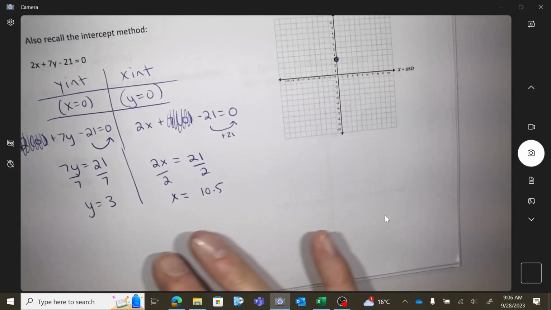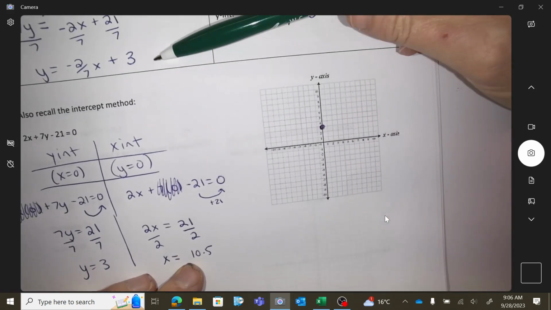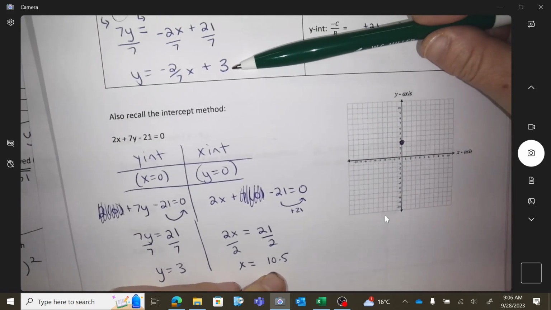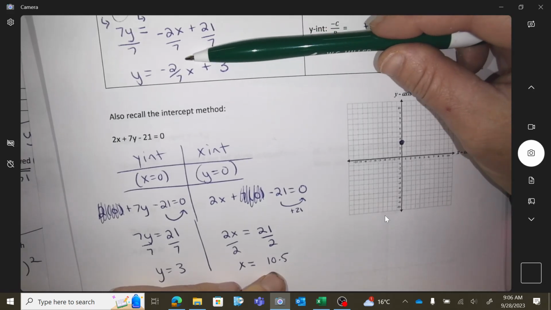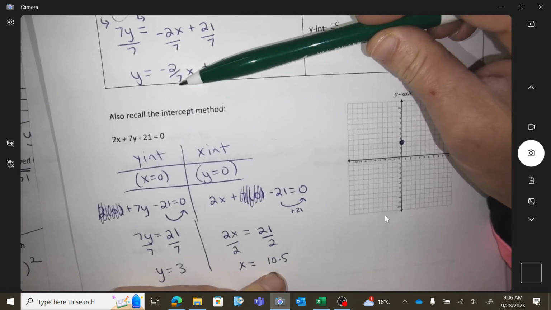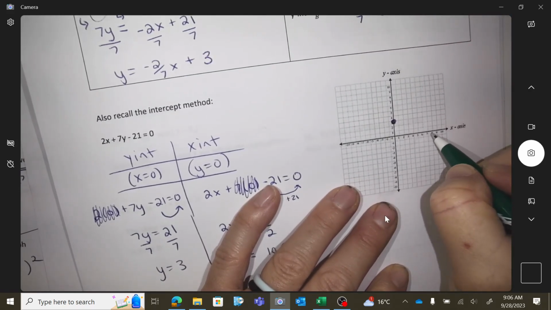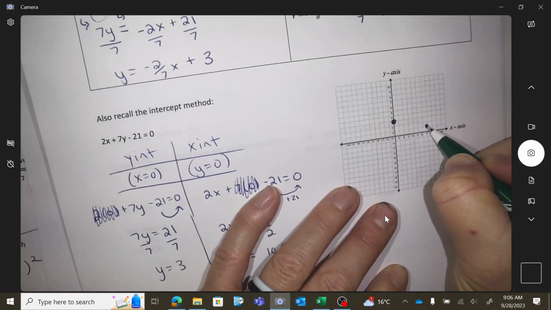Okay, so let's see if all this information connects. You ready? So the first thing I'm going to do: the y-intercept was 3. So I'm going to do that slope from yesterday. I'm going to go down 2, right 7, and that's my next point. Down 2, right 7.